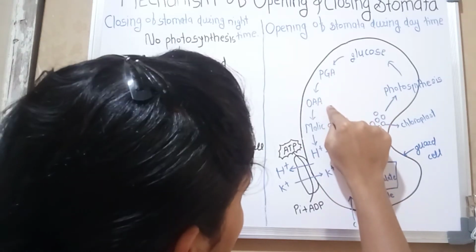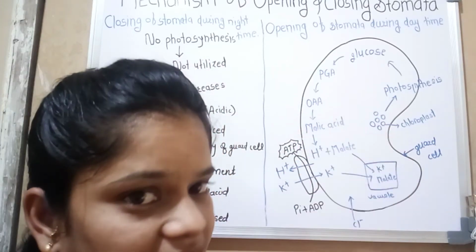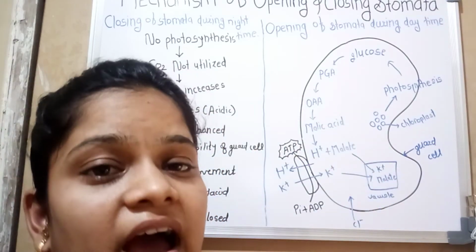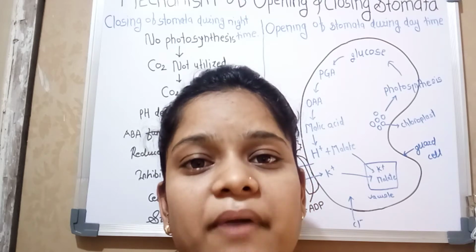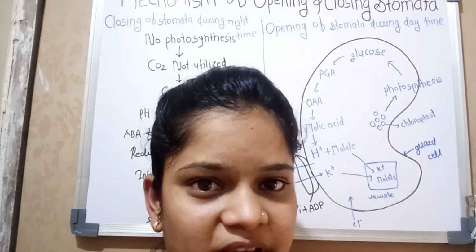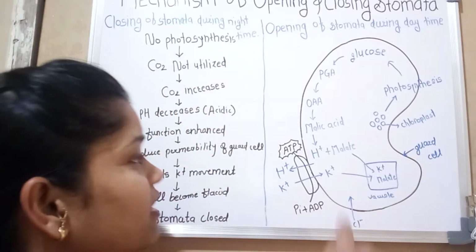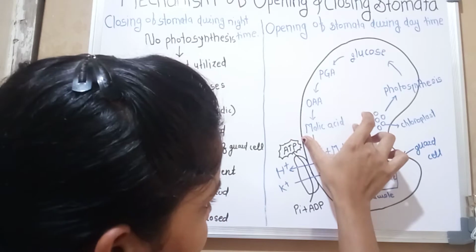This oxaloacetic acid further forms malic acid, and for that conversion they require an enzyme, which is nothing but phosphoenol pyruvic carboxylase. This enzyme is responsible for the conversion of oxaloacetic acid to malic acid.